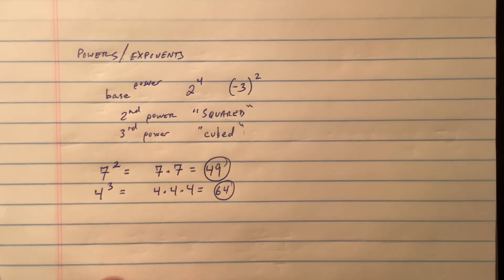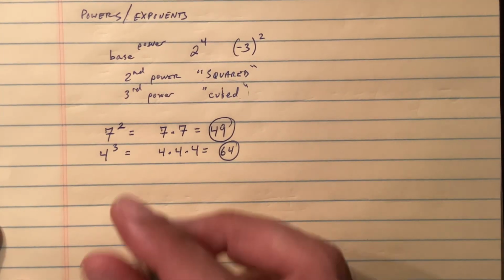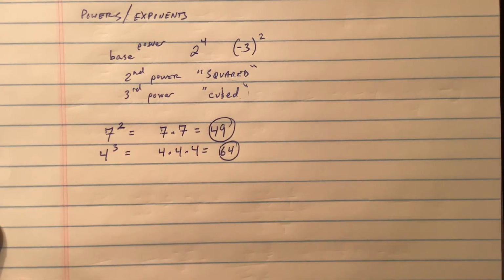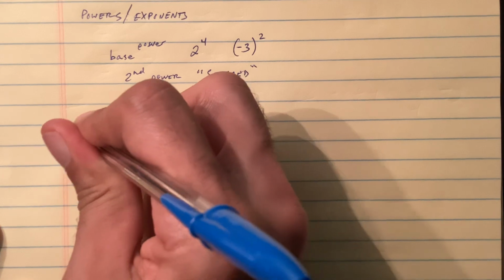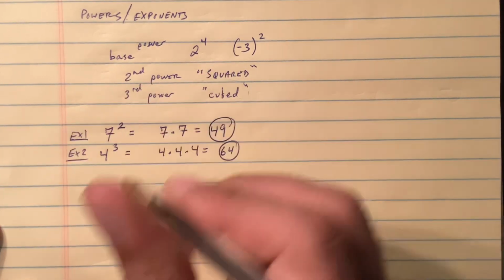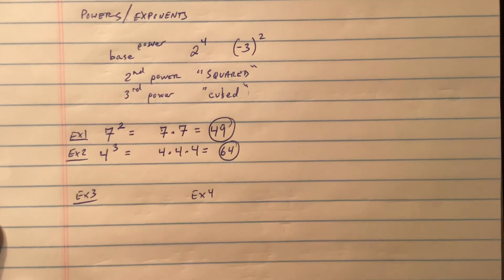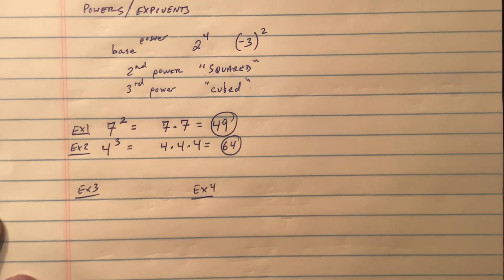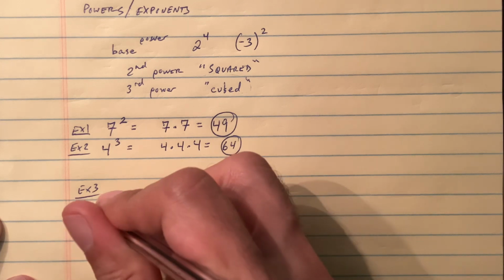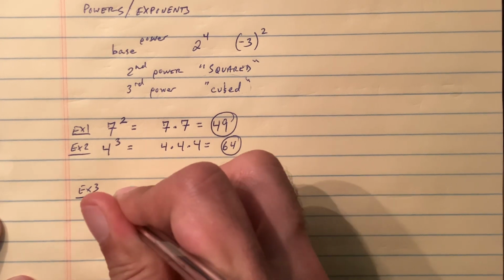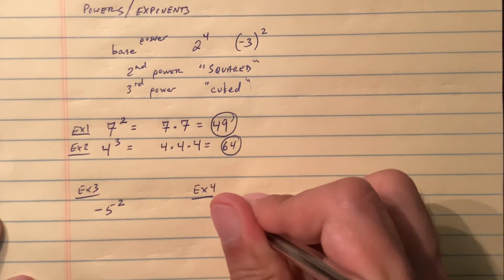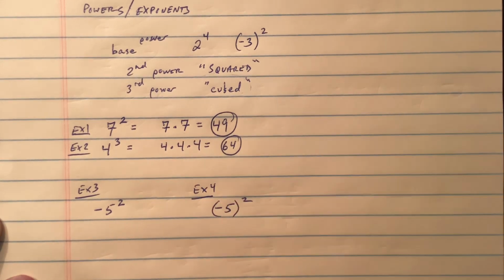A couple things to be on the lookout for. I'm going to write down 2 examples. Let's call this example 1, example 2. I'm going to write down example 3 over here and example 4. We have to be very careful of the very slight differences between these. Let's say we have negative 5 to the 2nd, and we have negative 5 to the 2nd.